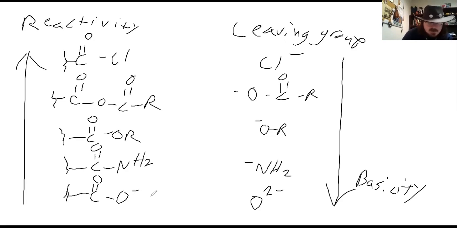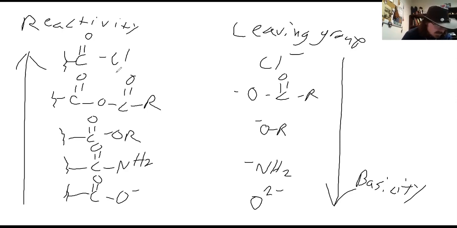OH minus, maybe, but not likely. This one is very basic, this one a little bit less basic, a little bit less. This one is pretty stable; it's actually the conjugate base of a weak acid, and that's a salt. So we see the reactivity is inversely related to the basicity.